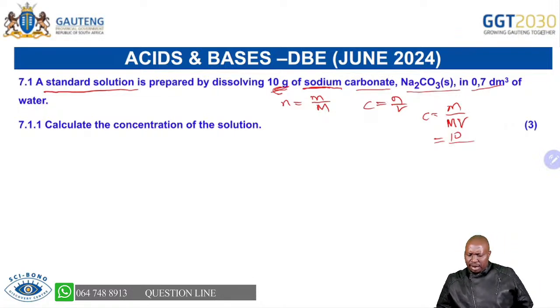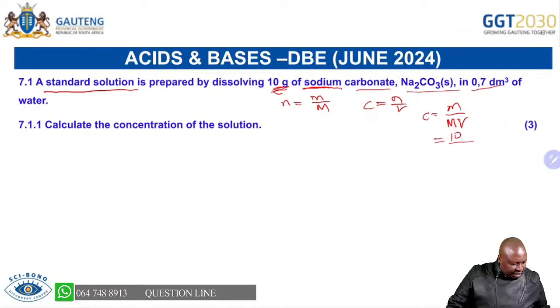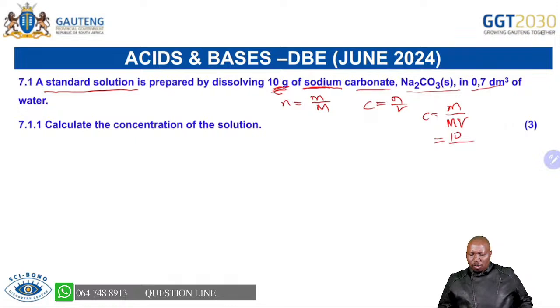If I'm doing my math correct, I hope you have calculators. You are calculating the molar mass of sodium carbonate, and that is giving me something like 104. I'm just hoping and praying that I've done it correct. Then you have 104 grams per mole.